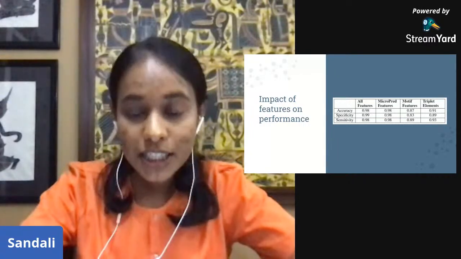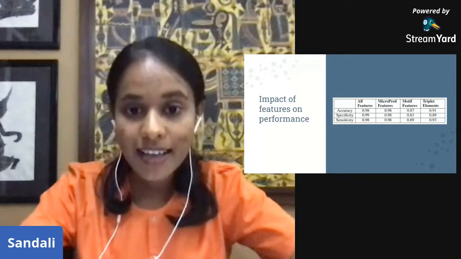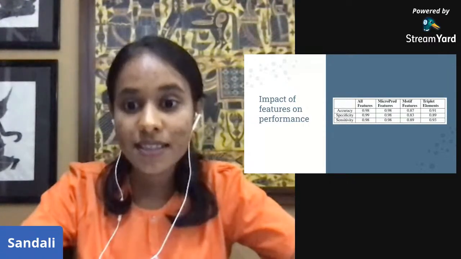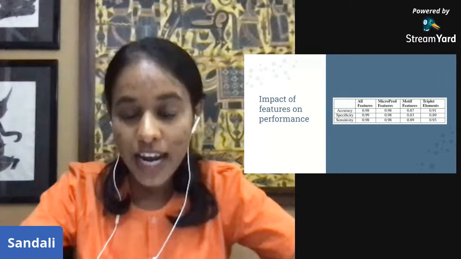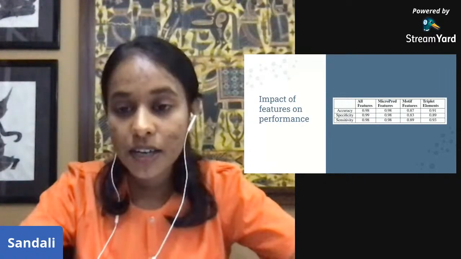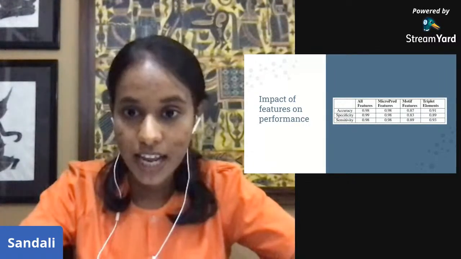So we can conclude that combining all features can gain higher performance than training the models with motif features or triplet element features.